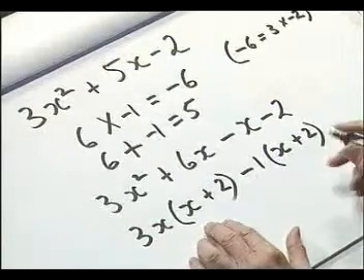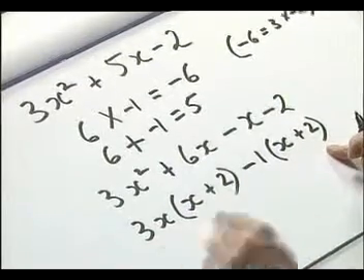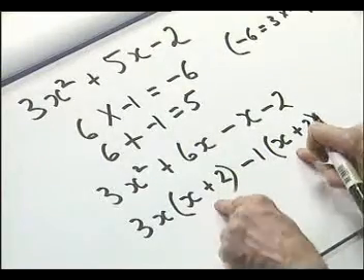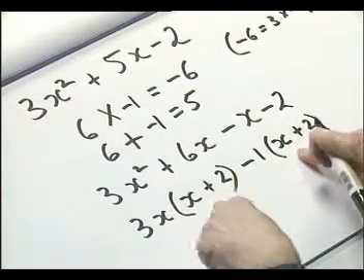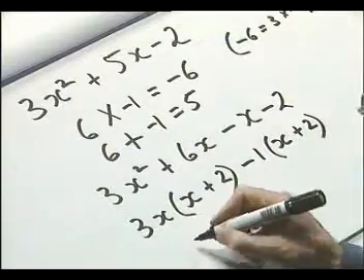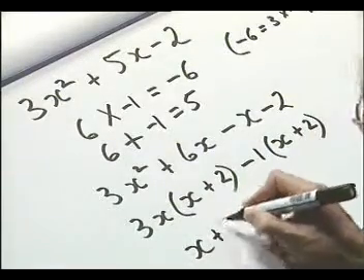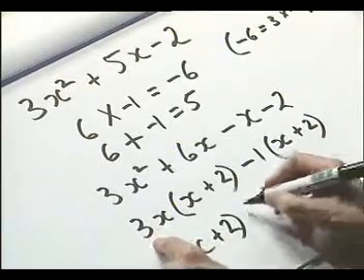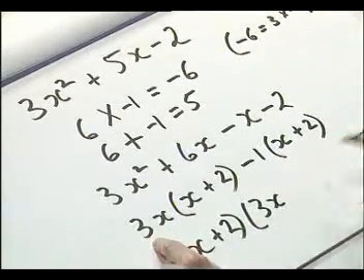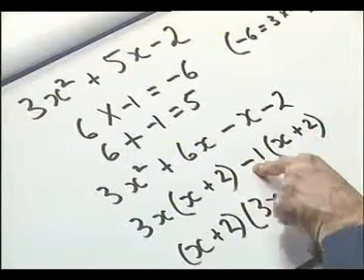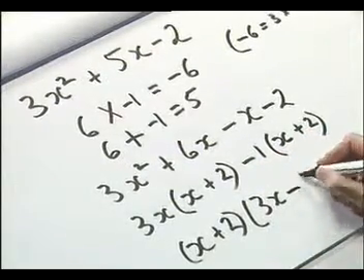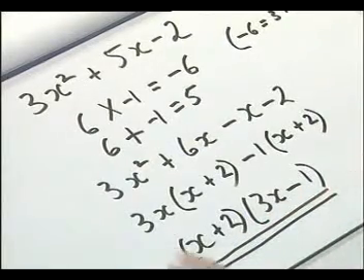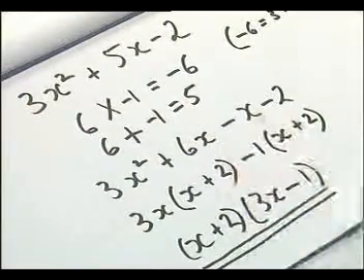So now I've got these two lumps of algebra again, and each lump has the same factor in it, this common factor of x plus 2. So I'll take that one out, x plus 2. And I've got x plus 2 multiplying 3x, and x plus 2 multiplying minus 1. And so there's the factorization of the expression that we began with.